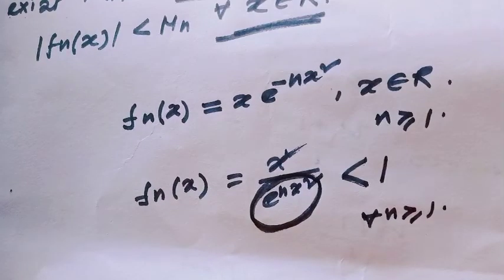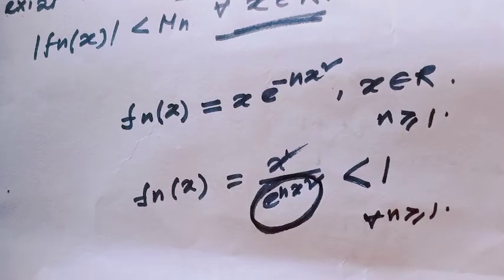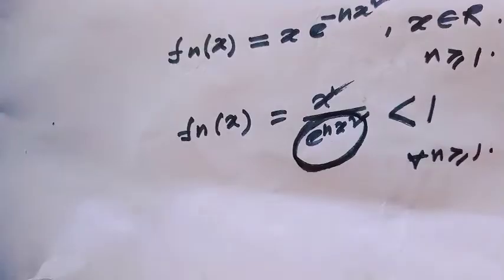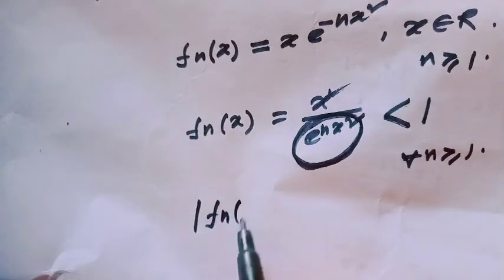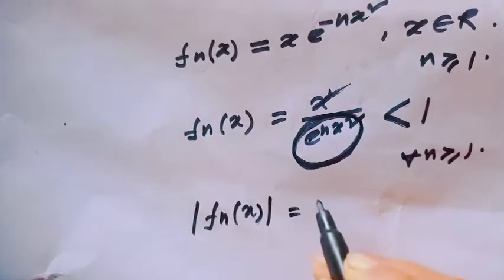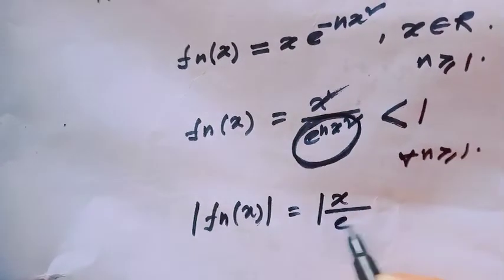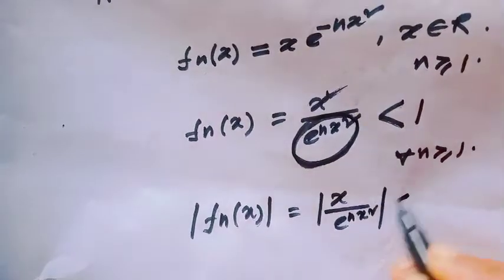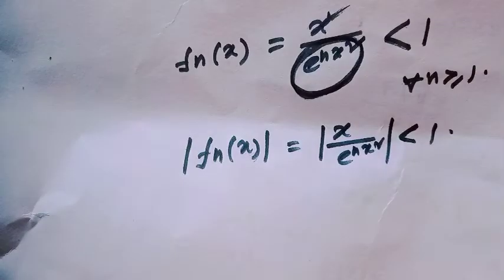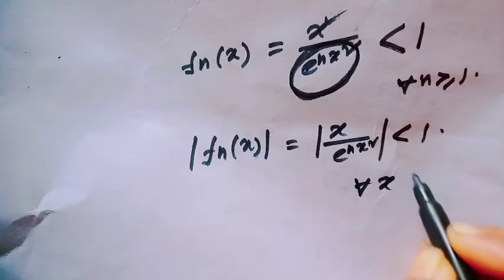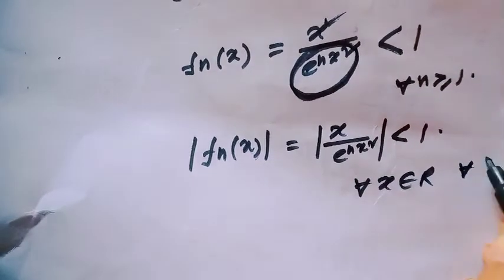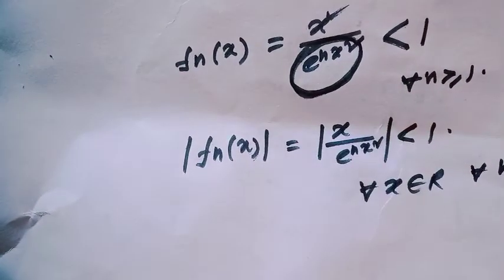Okay? That means if we apply the modulus on both sides, then the absolute value of fn(x), which equals the absolute value of x e to the power n x square, is less than 1. And this is true for all x belonging to real numbers and for all n greater than or equal to 1.